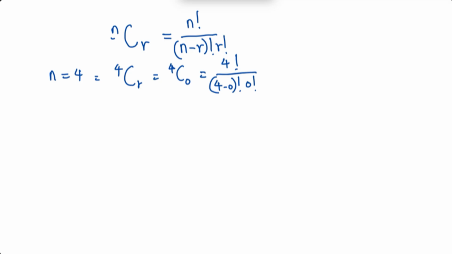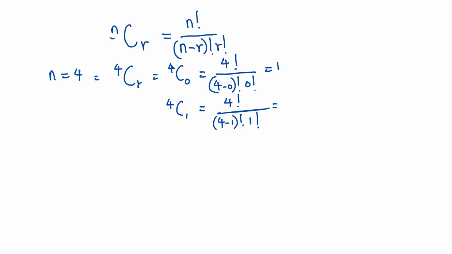Since we have 4 factorial divided by 4 factorial, our answer is 1. For 4 combination 1, we will have 4 factorial divided by 4 minus 1 factorial times 1 factorial. This is 4 times 3 factorial divided by 4 minus 1 is 3 factorial times 1 factorial. I left this as 3 factorial so that I can easily cancel out, and our result is 4.